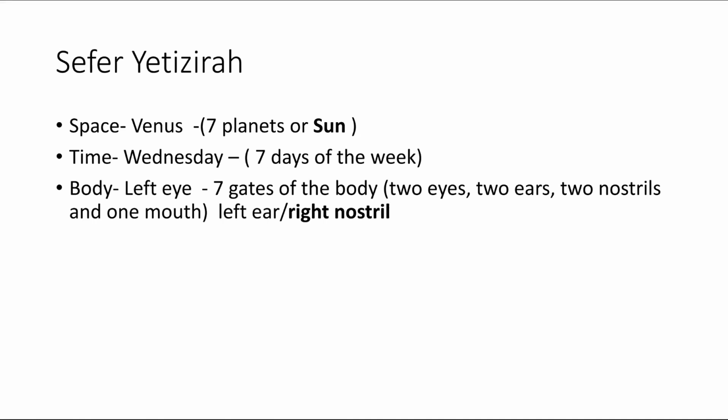The gates of the body are the 2 eyes, the 2 ears, the 2 nostrils, and 1 mouth. In the translation I have, it's the left eye, but some people give it the left ear, and some people say no, it's the right nostril. But these double letters are assigned gates of the body because of being 7 gates. So I thought I'd bring that to you.